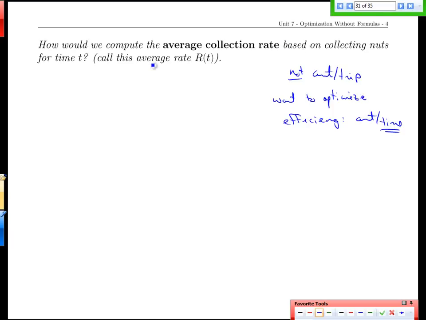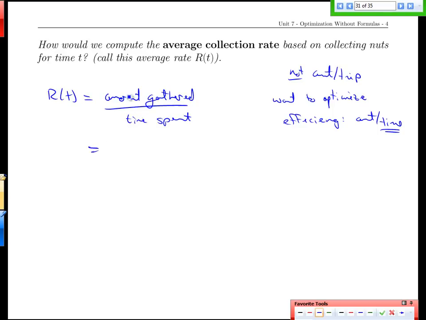So how do we optimize that? Well, we first have to define it. Well, it's amount of food gathered per unit time, R of t, is amount gathered per time spent.